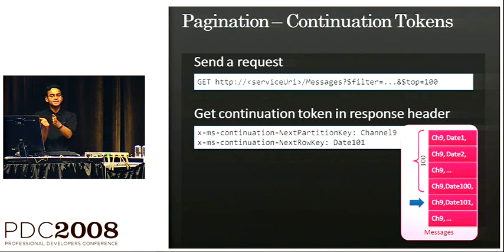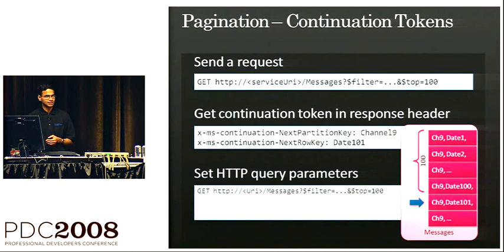That pointer is returned in the response headers. As you can see, there are two response headers, the next partition key and the next row key. This, roughly speaking, points to a key, but you should treat it as an opaque object. In particular, this entity could be deleted and your continuation could still work. So what does the next query do? It starts off with the same query that it had in the beginning, the same query which gives you 100 entities at a time.